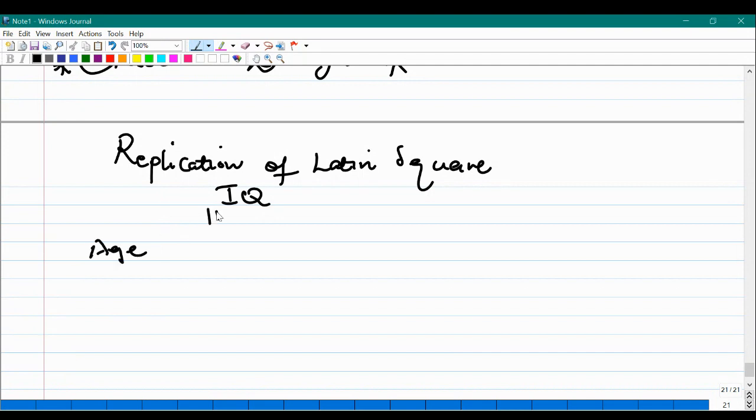High, average, low. The age is what? 20, 30, 40. Let's give me the values now. 40 and 50. They go with what? C. The second one? It's C, not A.